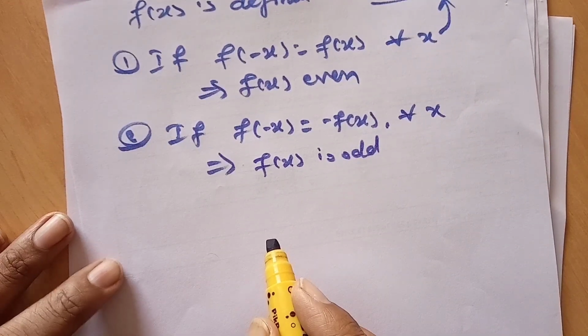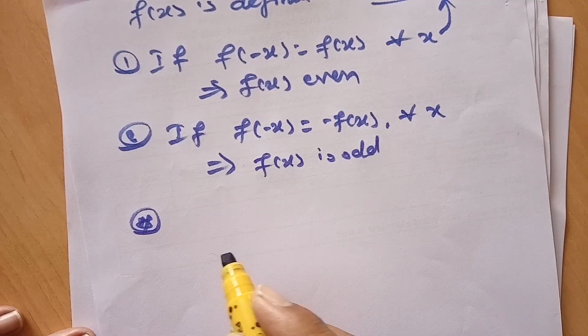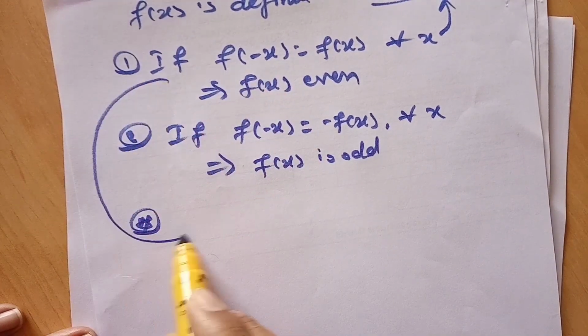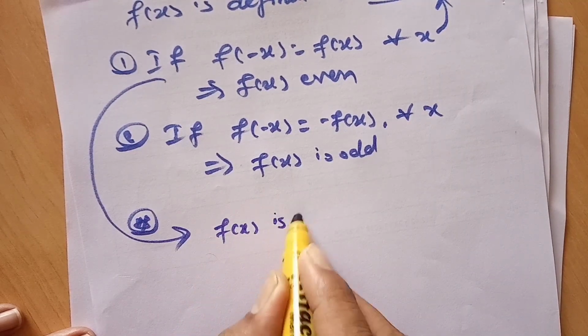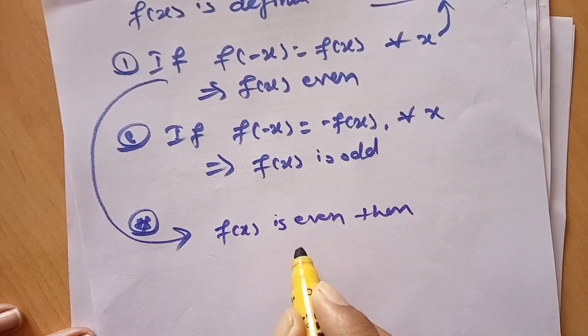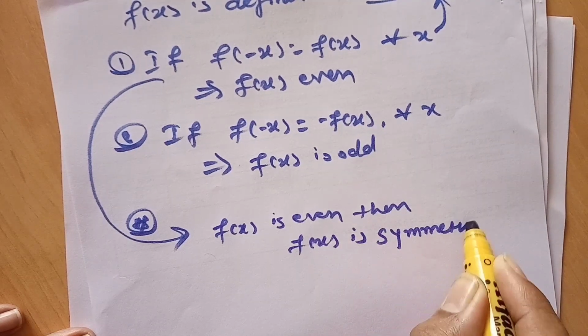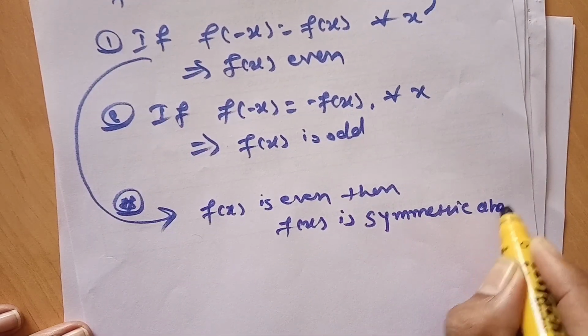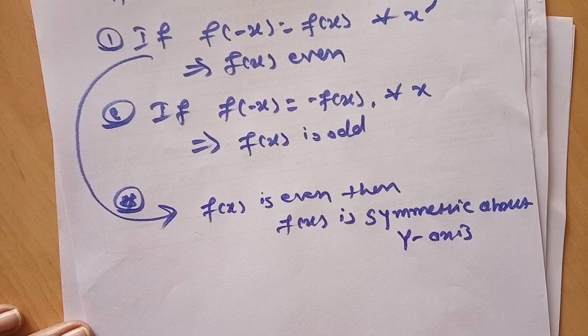Again, if we go through the geometry, if our given function f of x is even, then its graph is symmetric about the y-axis. Means using the graph of our function also we can check whether our function is even or odd. If the graph is symmetric about the y-axis, then we will say that this is an even function.